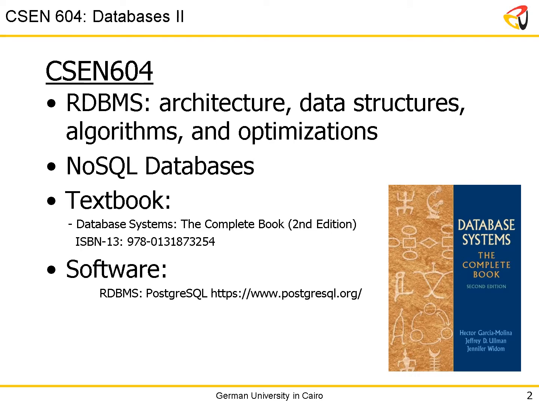First, let's cover some administrative stuff. This course's textbook is called Database Systems, the Complete Book by Jeffrey Ullman. This is a very, very popular textbook for this course. In fact, it is considered the textbook.